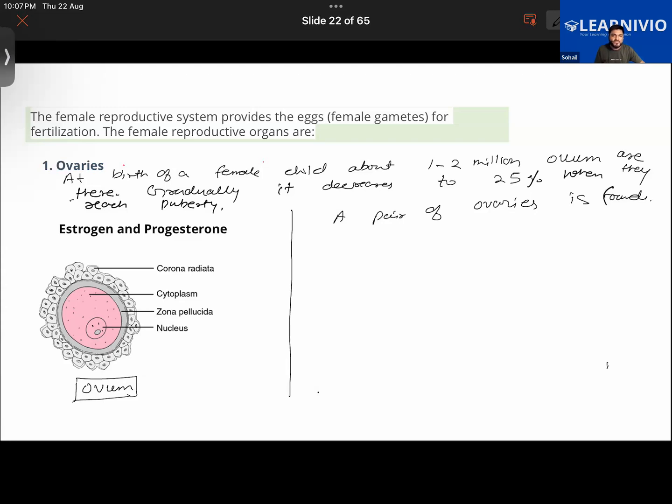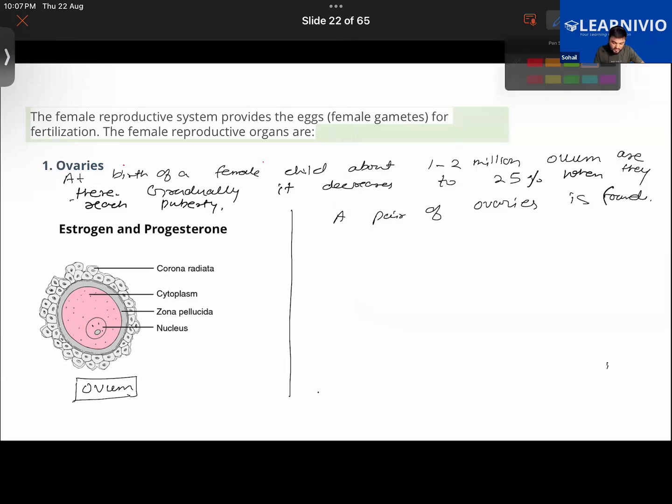This ovary will also be producing some female hormones like estrogen and progesterone. We'll be learning about what functions they perform. So far, it should be clear that the main function of the ovary is to produce ovum.